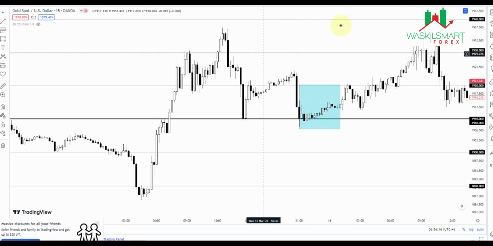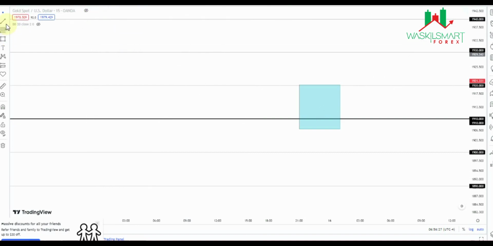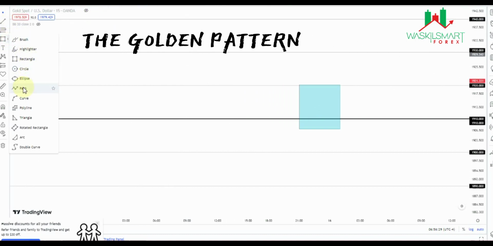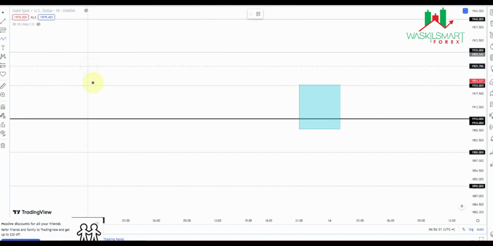So let's get started with it. Okay, now this is the pattern here. It's a very simple one, right? One, see the market going below it, then there is this.